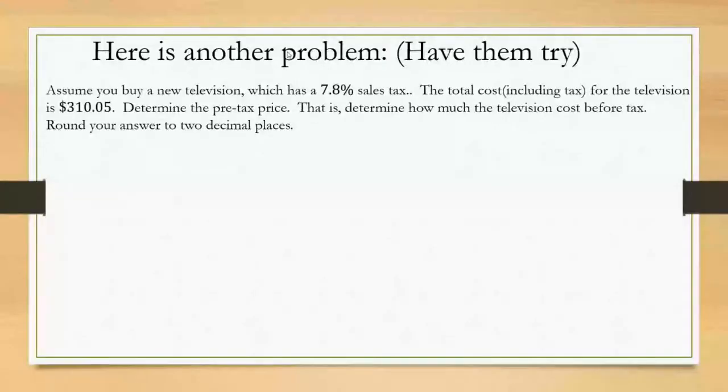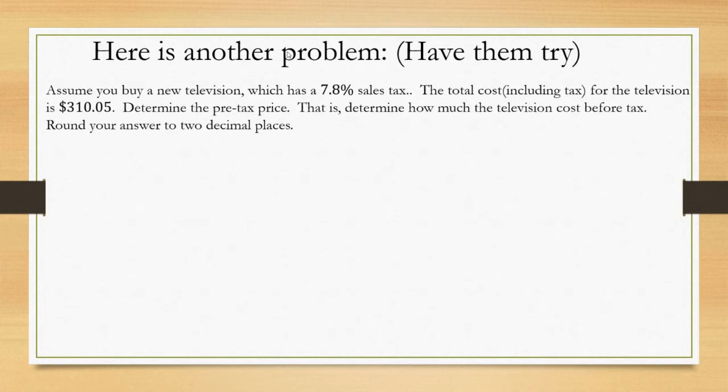Okay. So again, hopefully you were able to see the problem, everyone. You're buying a television, and they tell you the sales tax is 7.8%. Somehow you know that. Now, it turns out the total cost, including tax, for the TV is $310.05.